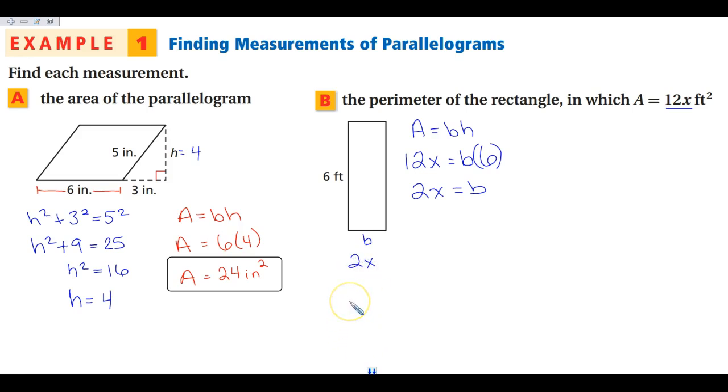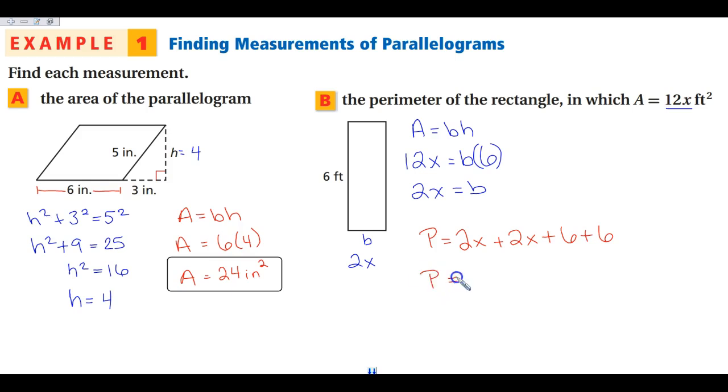All right. Now, we don't know what x is. It's just going to stay 2x. Now, for perimeter, remember that we add all the sides together. I have two sides that are 2x because remember, a rectangle is still a parallelogram, and opposite sides are congruent. So I have two sides that are 2x, and two sides that are 6.